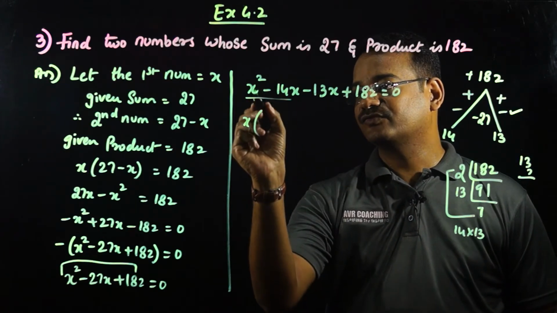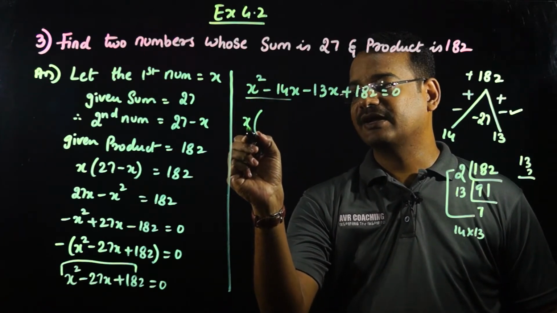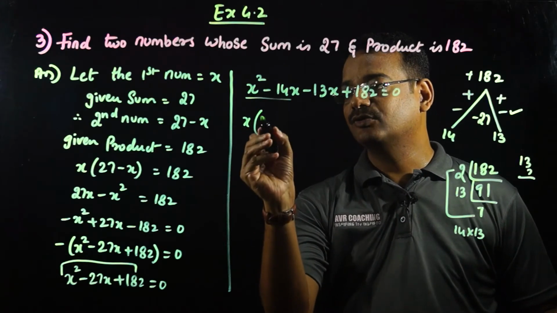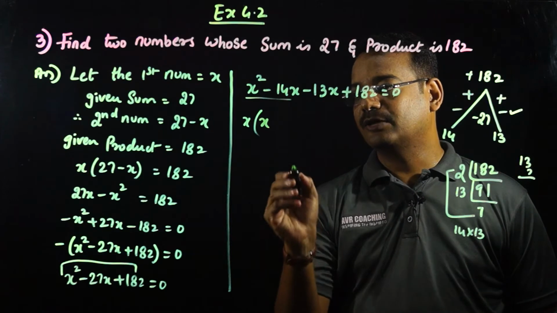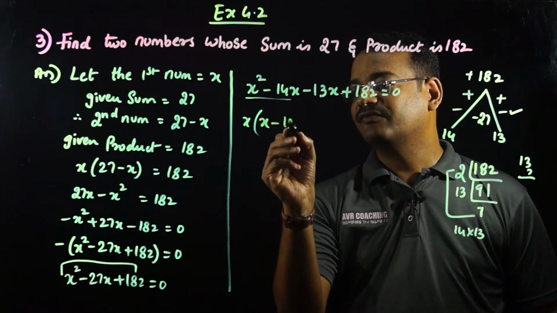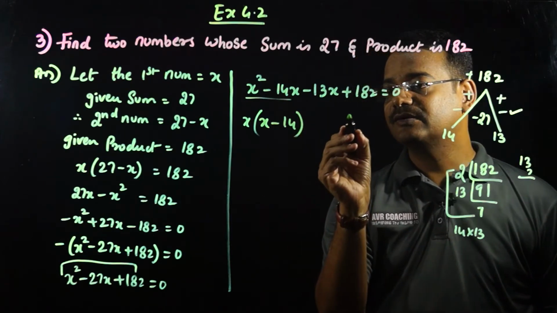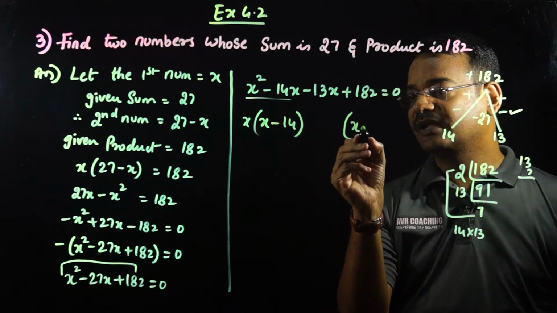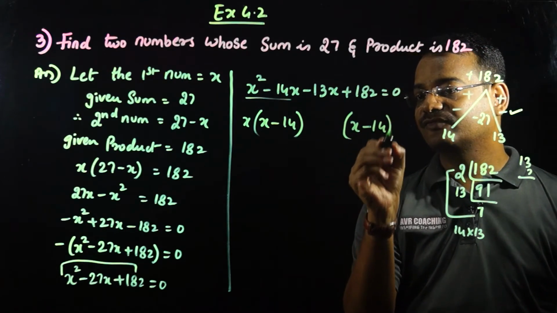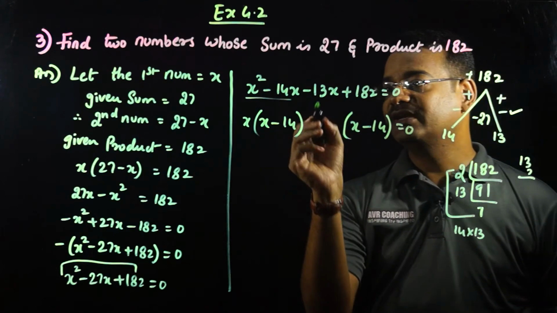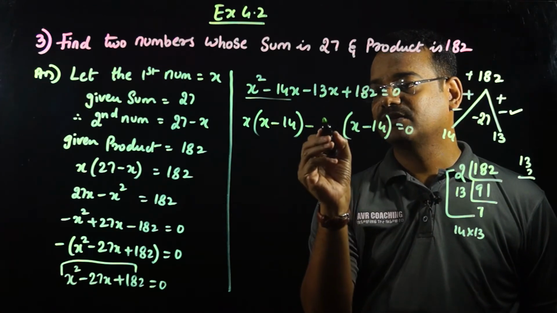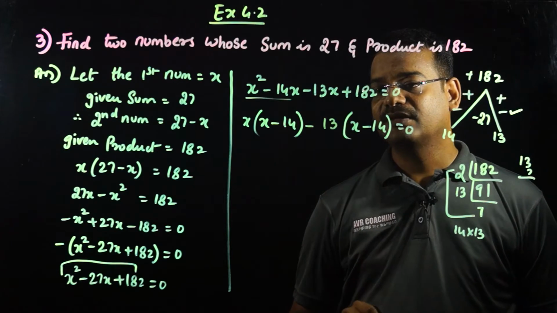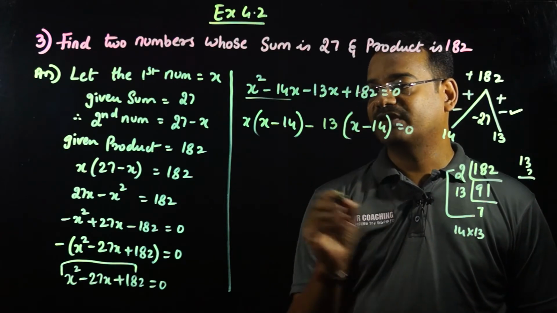Out of x square, we already got x outside the bracket, the only term left is x. Out of 14x, x has already come out of the bracket, so we are left with 14. In the second bracket also, we are blindly going to write x minus 14 equal to 0. The middle term is minus. Since out of 13x we already got x, the common term will be 13. So 13 into 14 is 182.